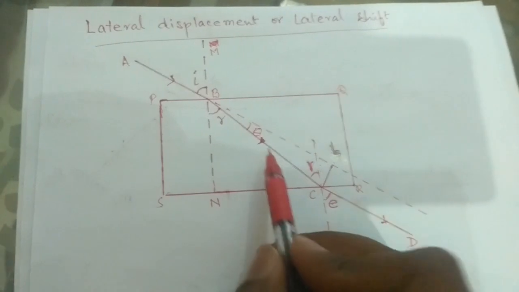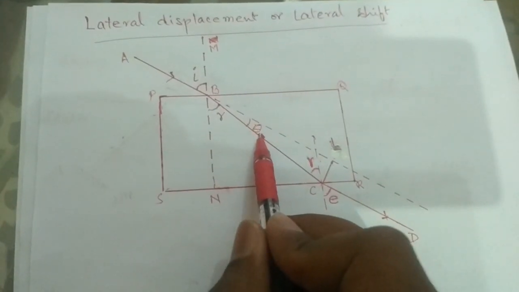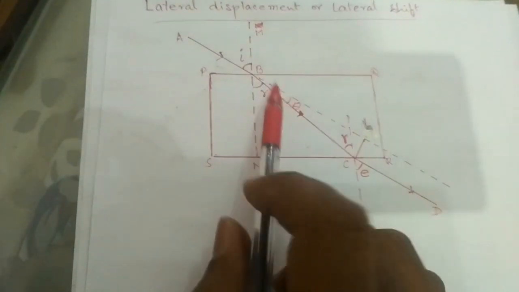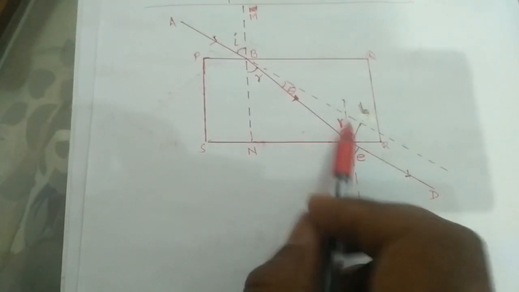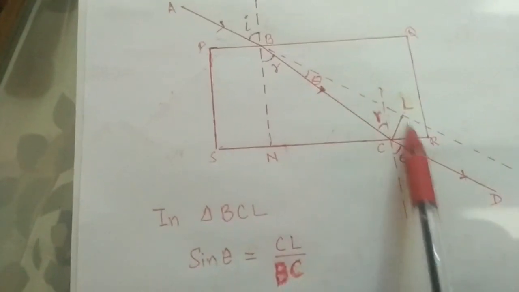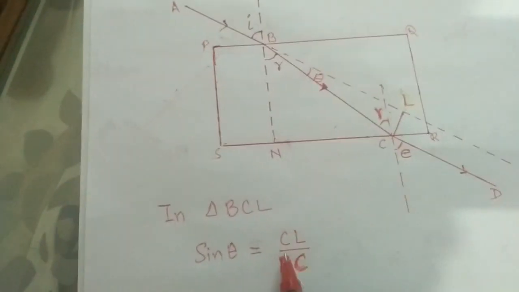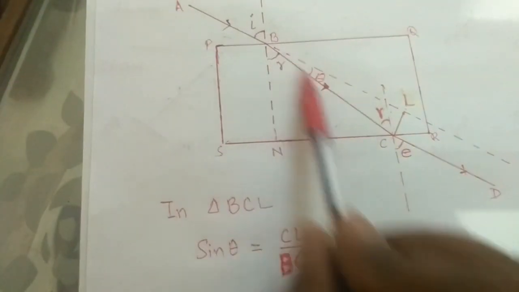So we can use here the sine of the angle of this one. So in the triangle BCL, sine theta is equal to the perpendicular CL upon the hypotenuse BC.